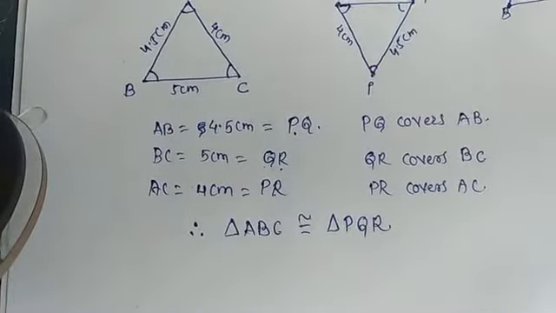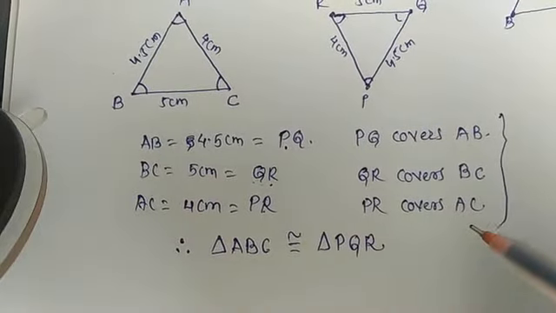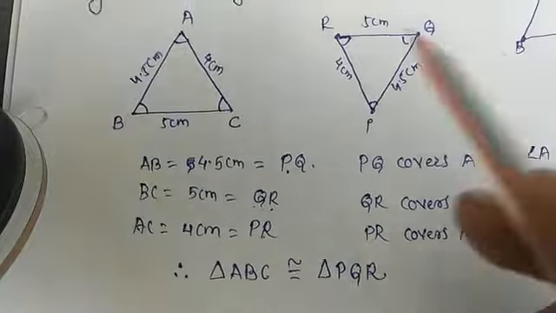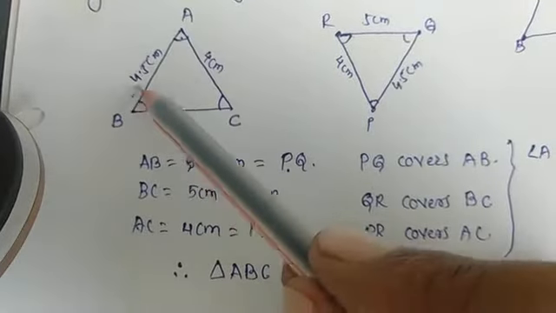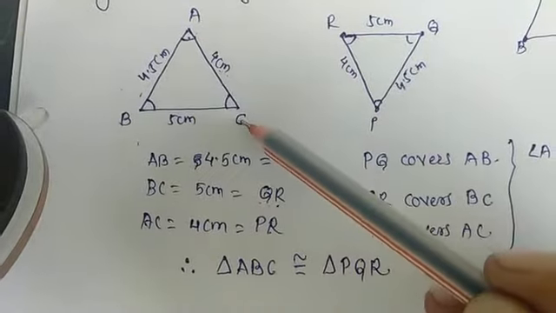Next, also for angles, if they are congruent, you can check that angle A will be equal to... A lies between 4.5 centimeter and 4 centimeter, that means AB and AC.